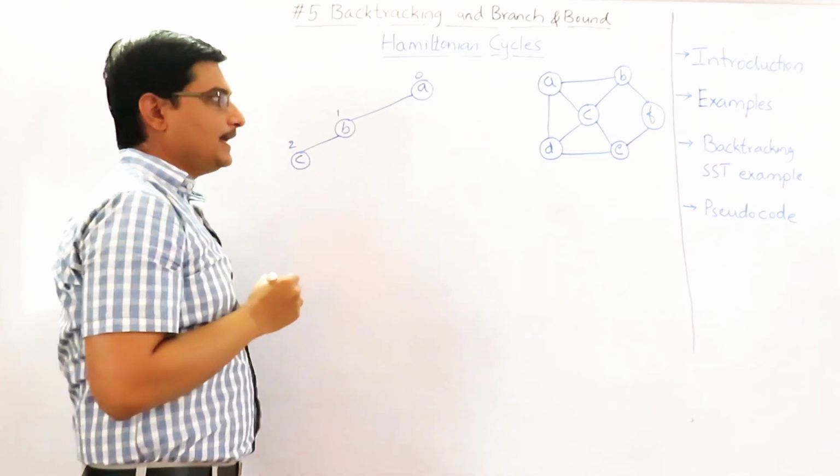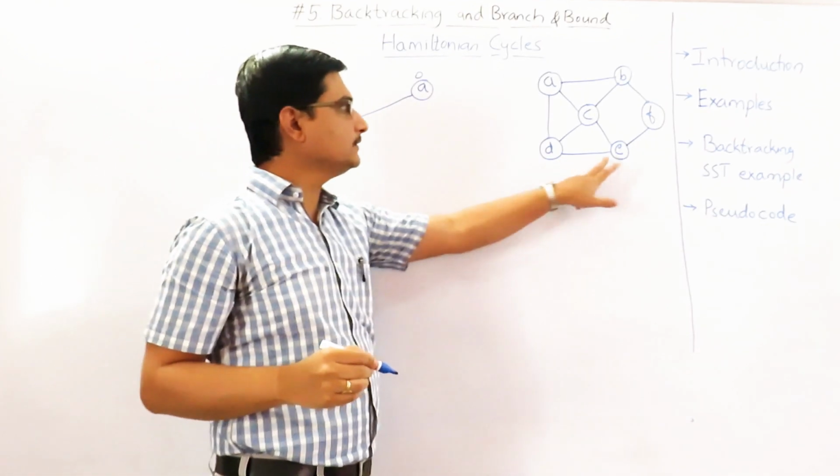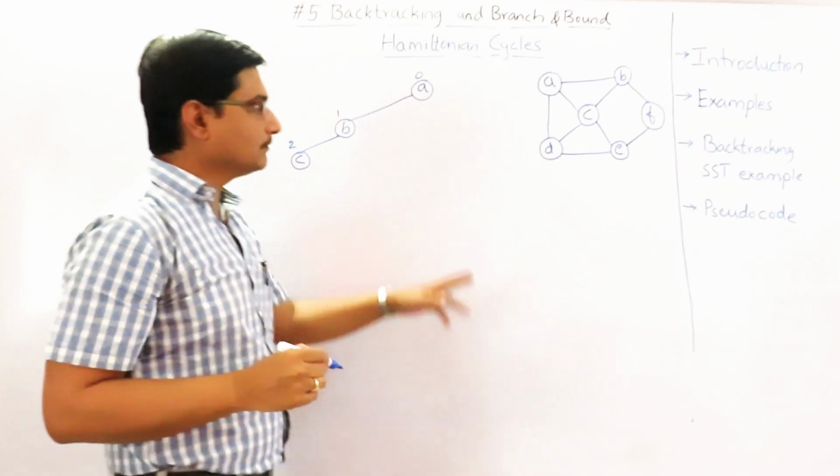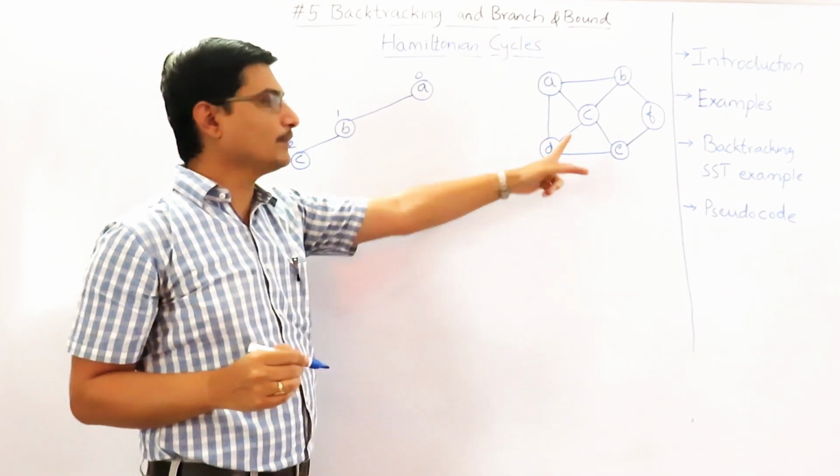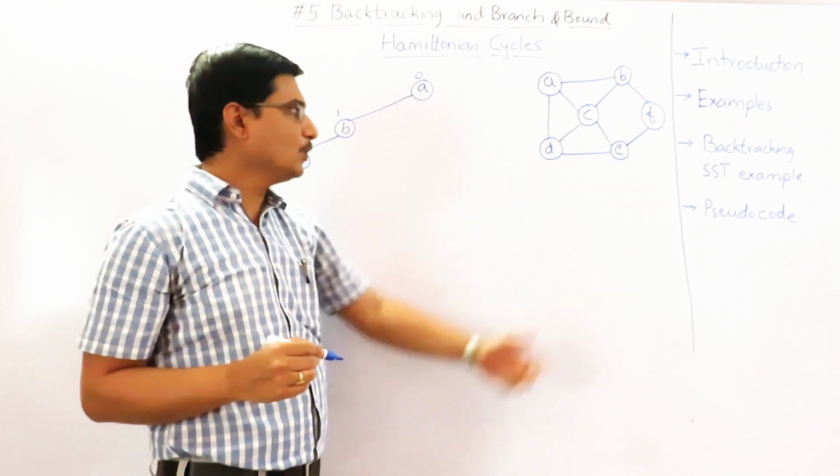Say from C we again have 1, 2, and 3. A is already visited, B is already visited, so we are left with 2 vertices.